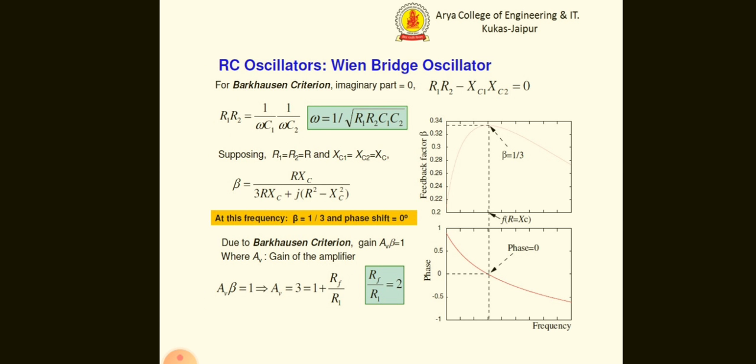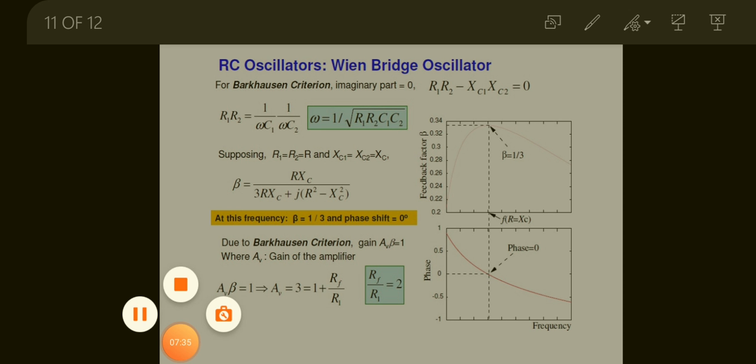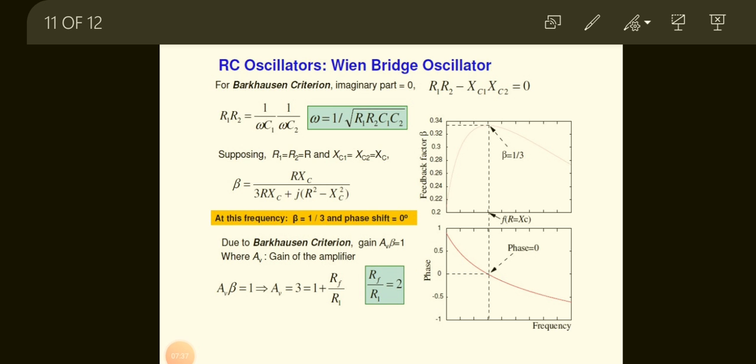And if R1 equals R2 equals R, then beta depends on R and Xc as in the formula shown on the slide. At this frequency, beta equals 1 upon 3 and the phase shift equals 0.